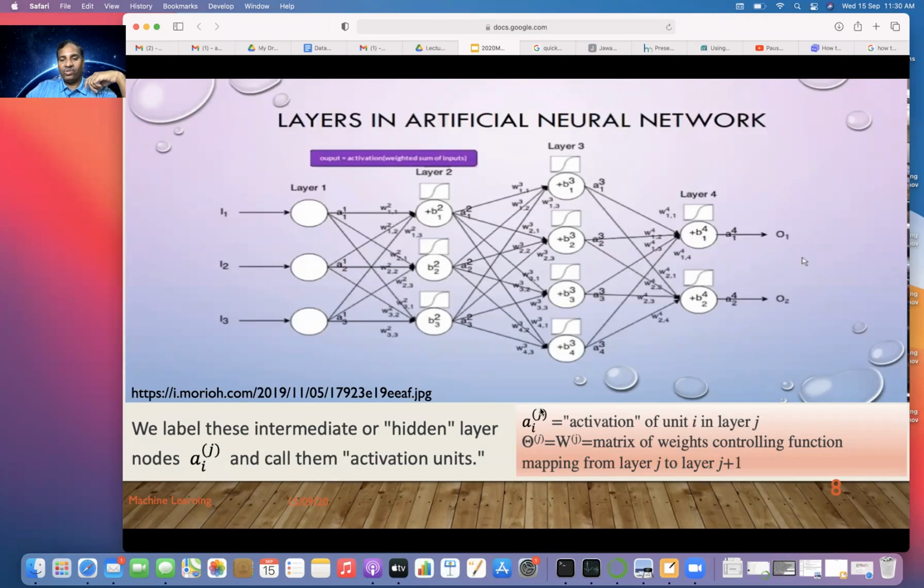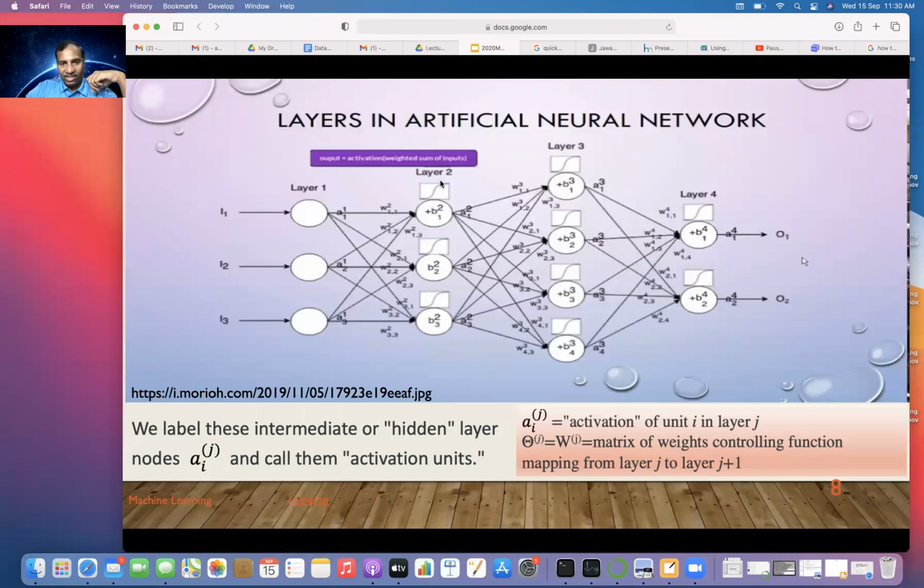The superscript says which layer this is, and the subscript says which unit you are getting it from.